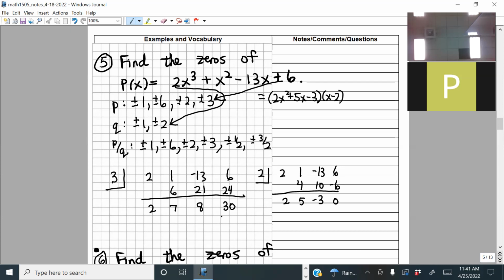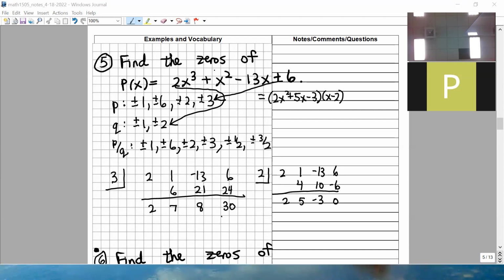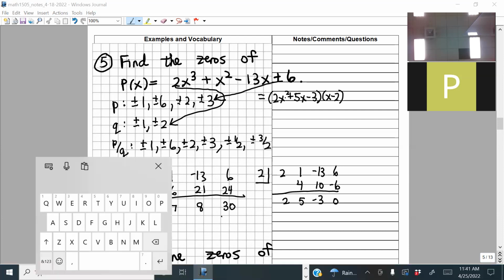And no remainder. Now we can find the other zeros, if there are other zeros, just by restricting our attention to 2x squared plus 5x minus 3. And that one we may get lucky, right? And maybe we can do that one by factoring.